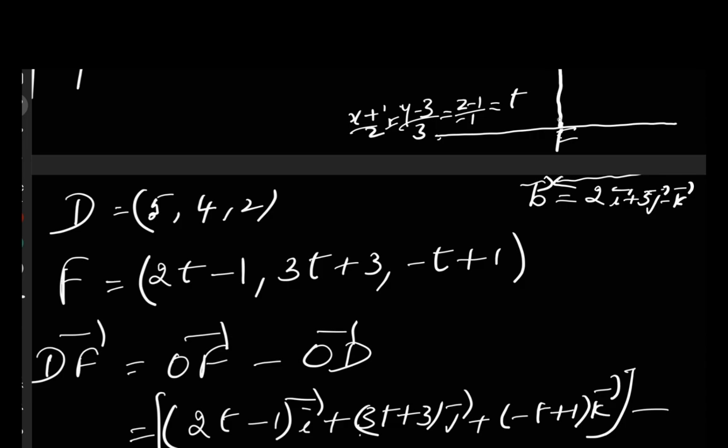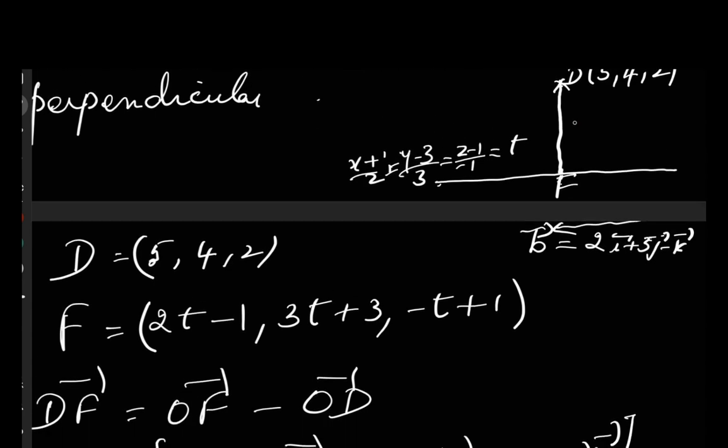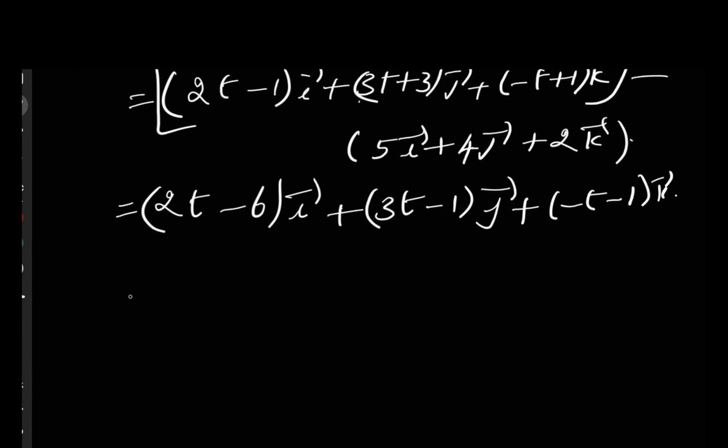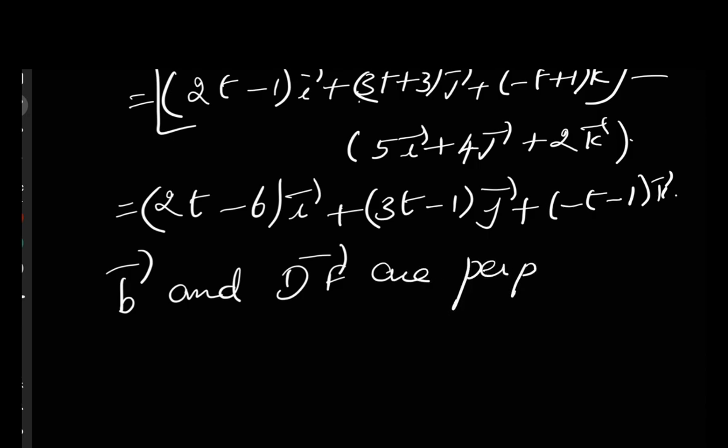DF and this parallel vector B are perpendicular. That is, vector B and DF are perpendicular, so the dot product is 0.